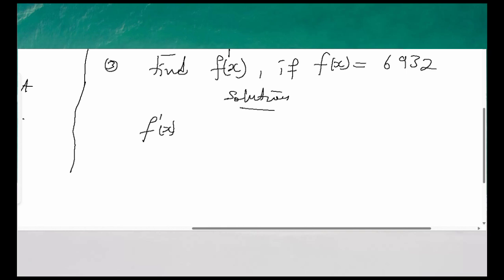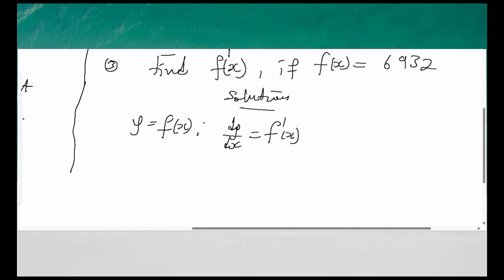Let me do some amendments here. y is equal to f of x, and because of that, dy/dx is also equal to f prime of x.